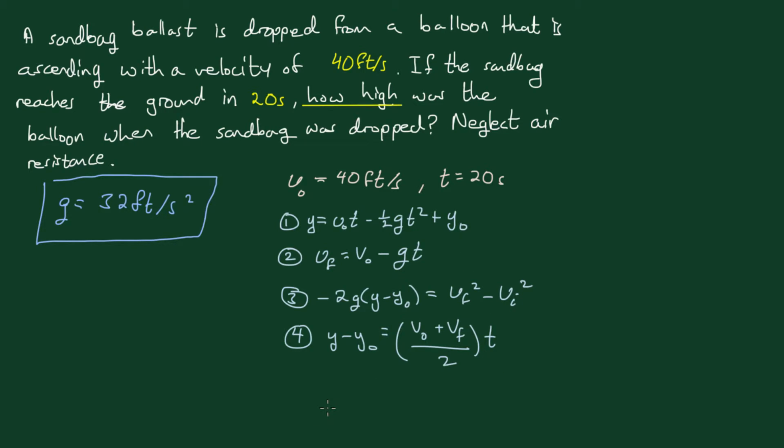Now, what we want to do is use the easiest formula, the one for which we have the most information. We don't have to use a bunch of formulas just to get one thing. If you take a look down here at the fourth formula, we have y minus y0 is equal to v0 plus vf over 2 times time. We have time, and we know the initial velocity, but we don't have the final velocity. We don't know what the initial height was either.